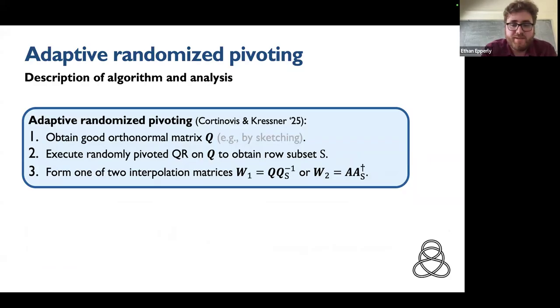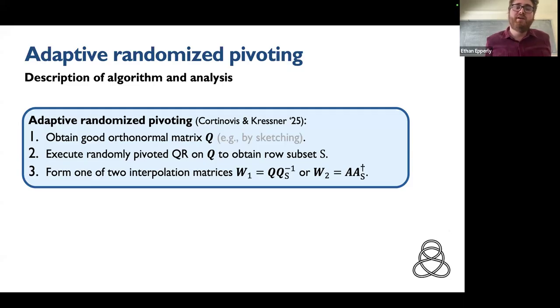This algorithm is quite simple. We begin by obtaining a good orthonormal matrix Q, say by sketching. We then execute randomly pivoted QR on Q to obtain a row subset S. Then Cortinovis and Kressner give you some flexibility. You can pick one of two interpolation matrices.